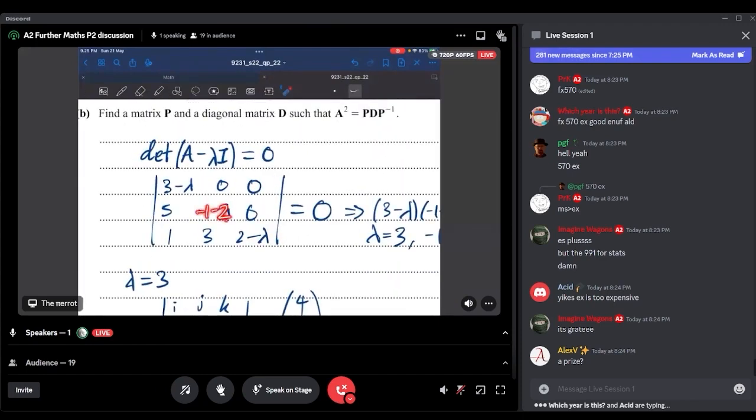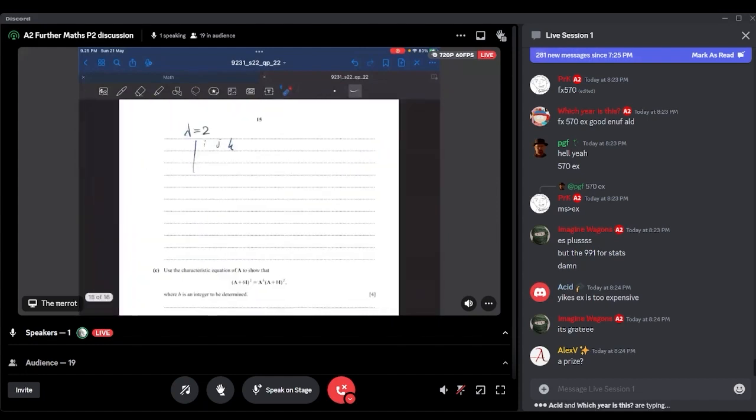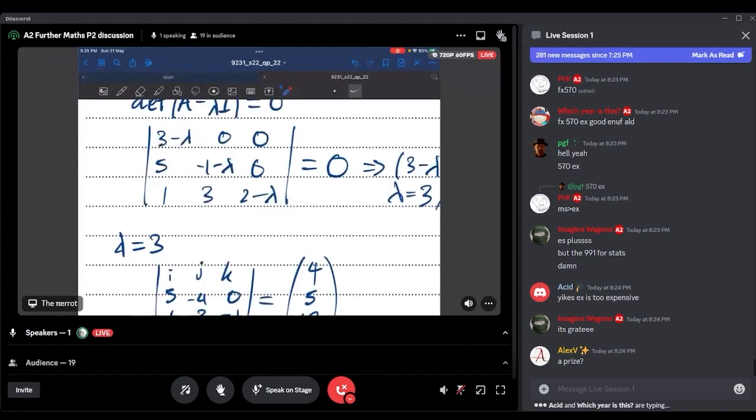And then 1, 3, 2 minus 3, so it's negative 1. Am I doing it wrong? Oh yeah, sorry, it's 2. I keep forgetting it's 2. So this becomes 0, minus 1 minus 2, that's minus 3.